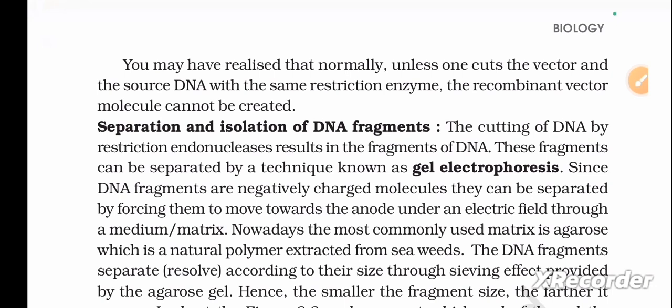Separation and isolation of DNA fragments. The cutting of DNA by restriction endonucleases results in fragments of DNA. These fragments can be separated by a technique known as gel electrophoresis. Since DNA fragments are negatively charged molecules, they can be separated by forcing them to move towards the anode under an electric field through a medium or matrix.